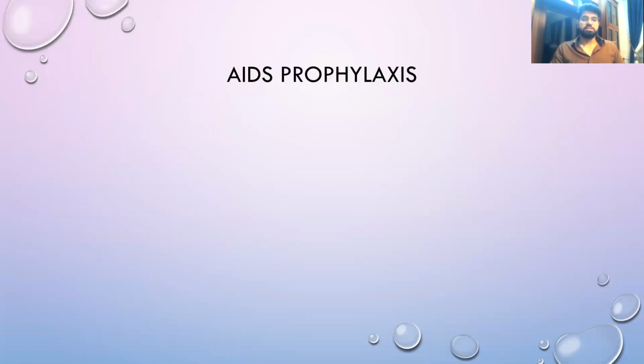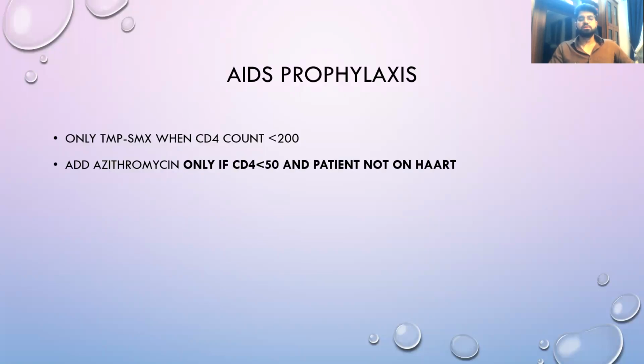AIDS prophylaxis. These are drugs, antibiotics that we use when we have got AIDS in the picture. CD4 count, whenever it is less than 200, we go for TMP-SMX, a very common concept. Now, this is a new concept that we are not often aware of, that nowadays CD4 less than 50 is not a routine indication for adding azithromycin for prophylaxis. Because in the recent guidelines, if the patient is on HAART therapy, it is alone sufficient.